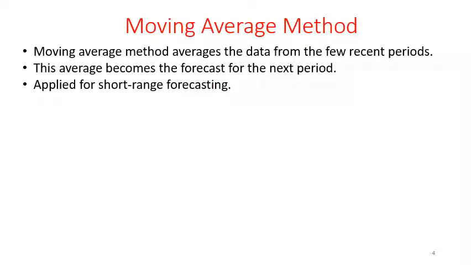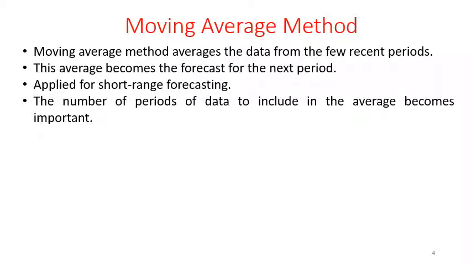It is applied for short range forecasting, and the number of periods of data to include in the average is important. For example, if 10 years of data is given and a 3-year moving average is specified, then we take the last 3 years' average and that will be set as the forecast for the next period.